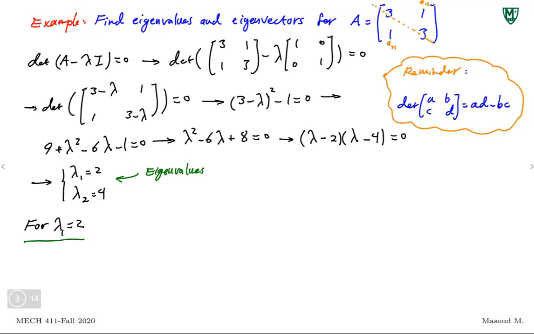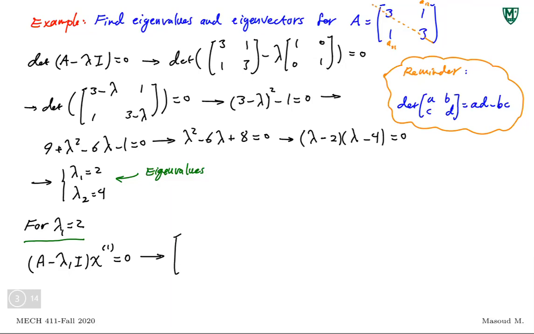So here we'll say A minus lambda 1 I, where I replace lambda with lambda 1, times x, and since I'm finding the first eigenvector, I'll call it x1, is equal to 0. It's not a general x anymore. This is the first eigenvector. So just plug in the numbers.